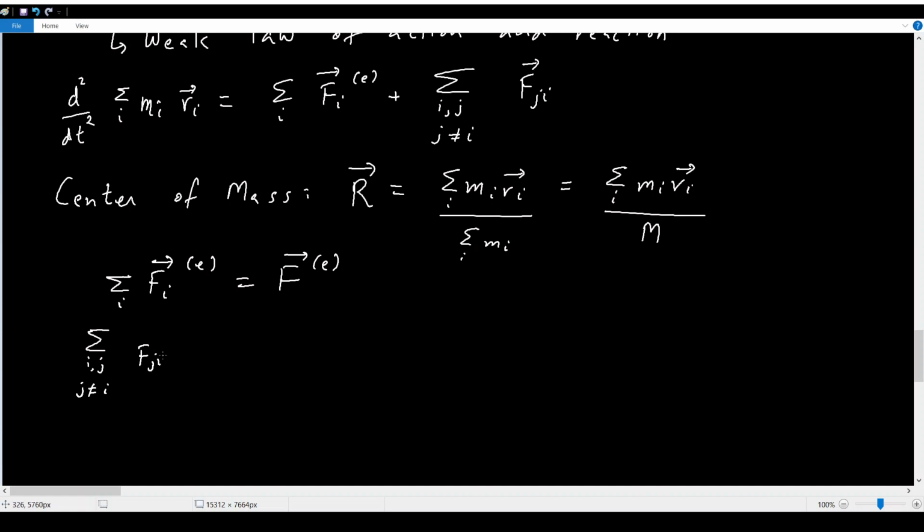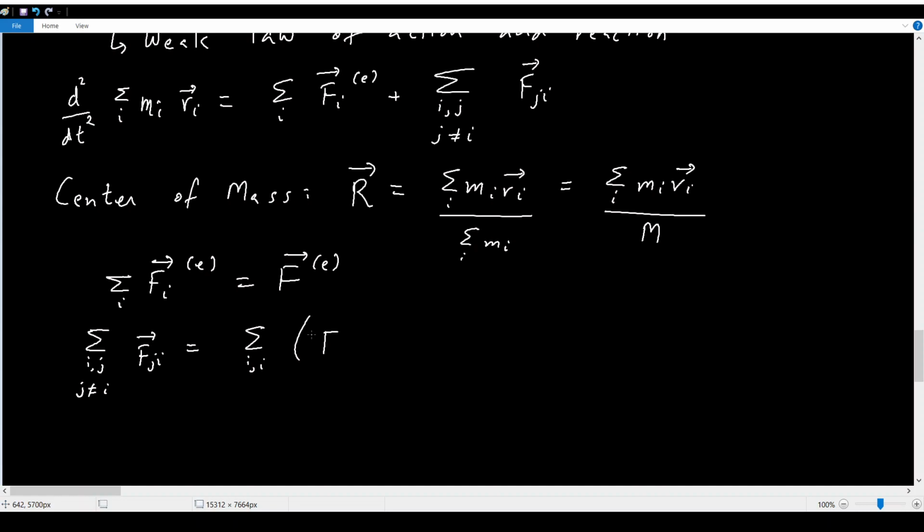of Fji. So the force due to the jth particle on the ith particle, this summed over all the particles. What you can notice is that I can write this again, Fji, Fij.